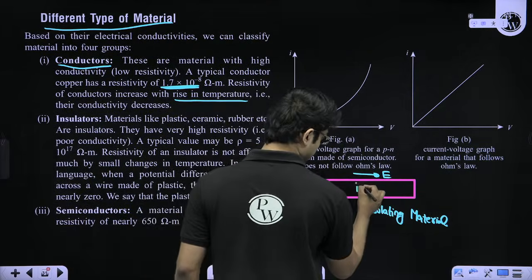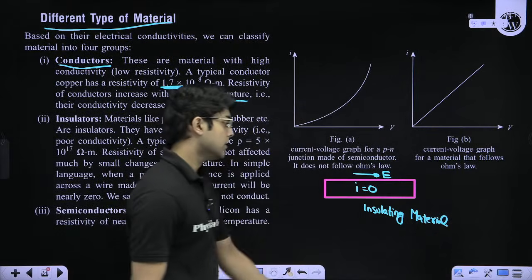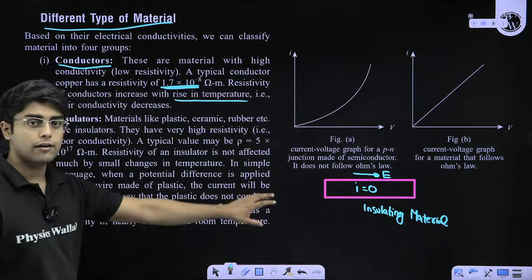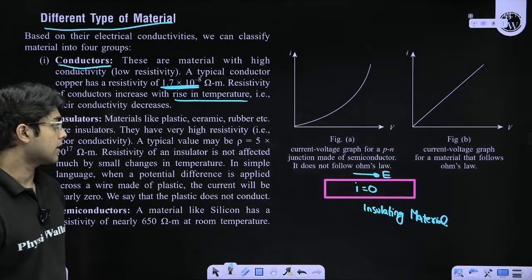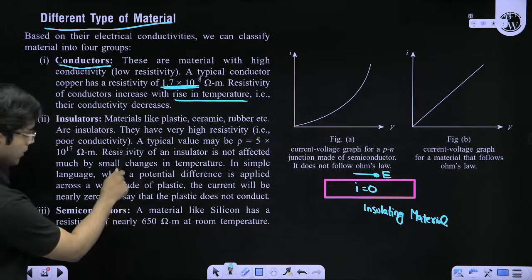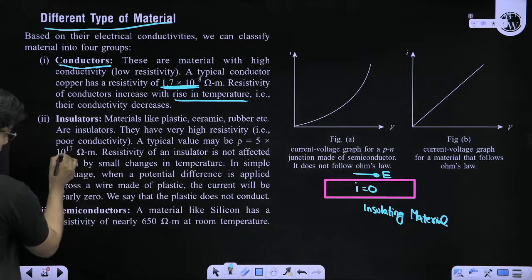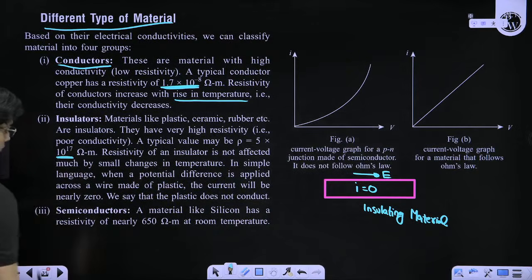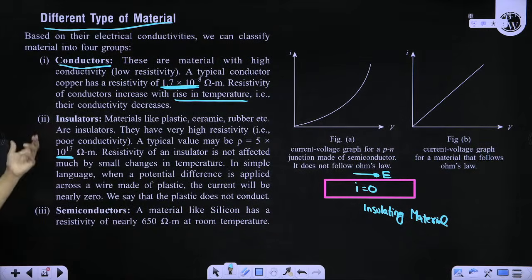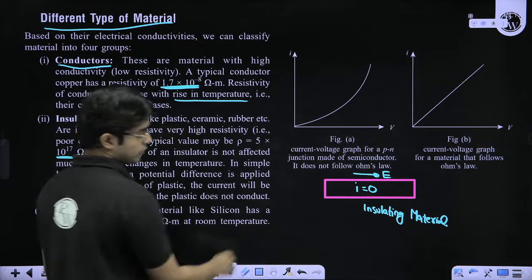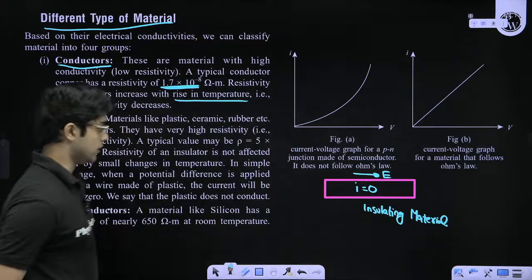The current inside will still be zero. You can also treat this material as having infinite resistance. A typical value may be 5 into 10 raised to 17 ohm meter. So a very, very high value of resistivity, practically infinite. It won't allow any flow of current through it.